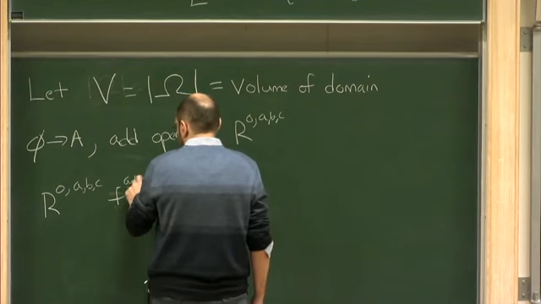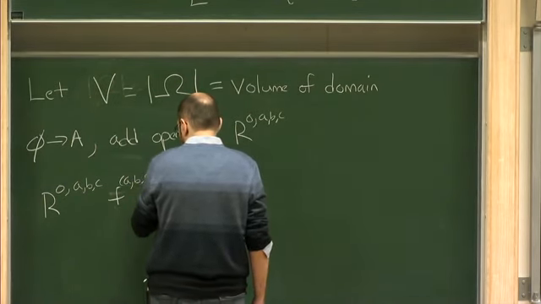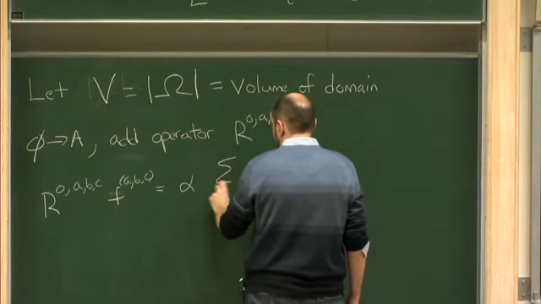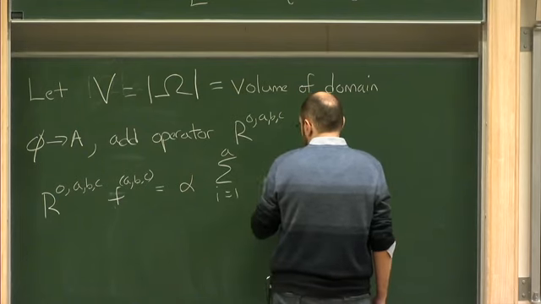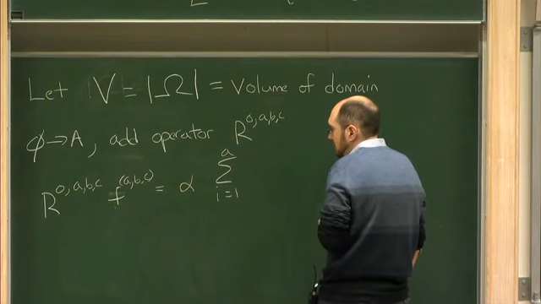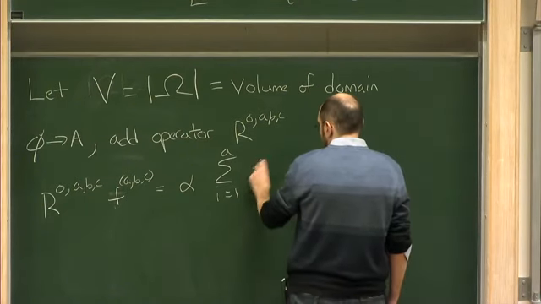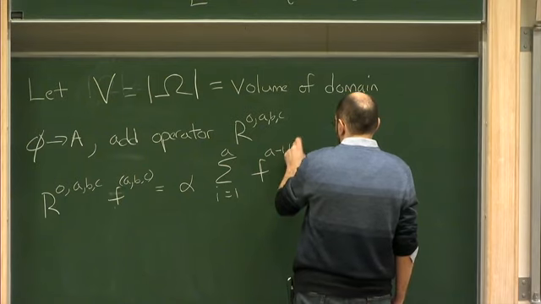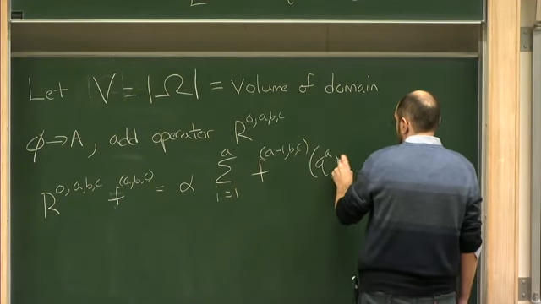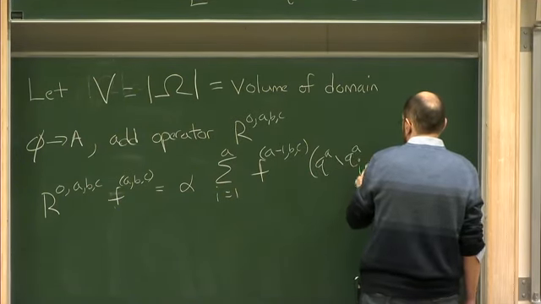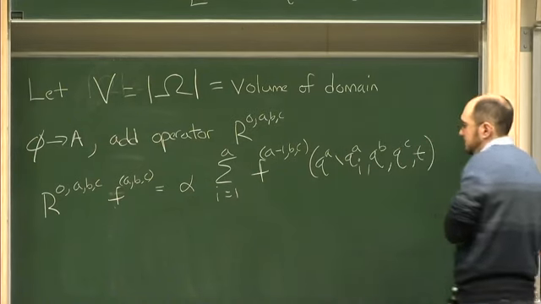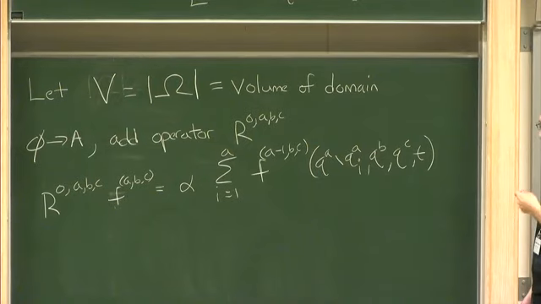R0 acting on F is the following. It's alpha, the sum from I equals 1 to A. And how do you get into the state where you have A, B, C? Well, you have to have 1 less A. And you have to throw away one of the A's. So that's how I come into the current state.